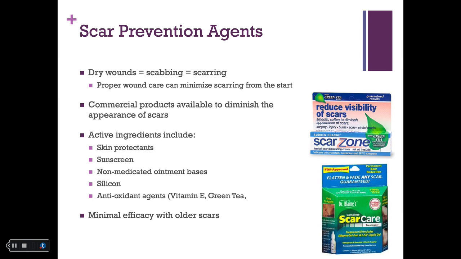Generally these products have active ingredients that are usually just moisturizers. So a lot of times they're skin protectants. They may be sunscreens. Again, they might be bland ointment bases. Sometimes you'll see things like vitamin E and green tea. I personally have never seen a lot of effectiveness with these, especially with older scars.